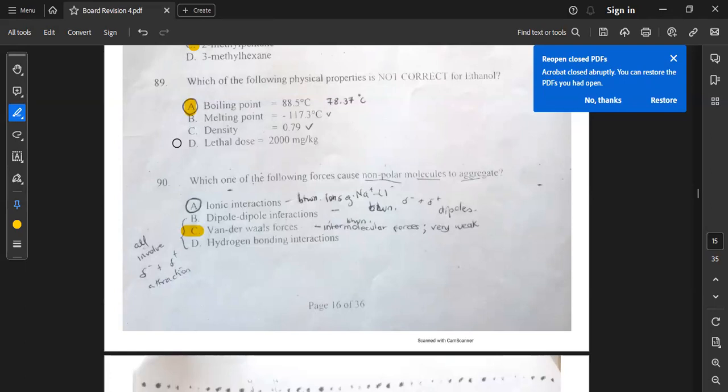But I think if they have strong hydrogen bonds, they would still aggregate, because the hydrogen bonds bring them together. So why isn't that the answer?